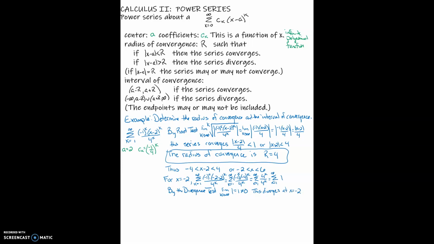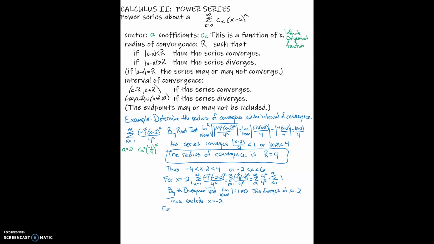Remember, the divergence test can only tell me divergence, it cannot tell me convergence. But that worked out. This one diverged, no problem. So I think in this case, it diverges at negative 2, so we will exclude that negative 2 value.